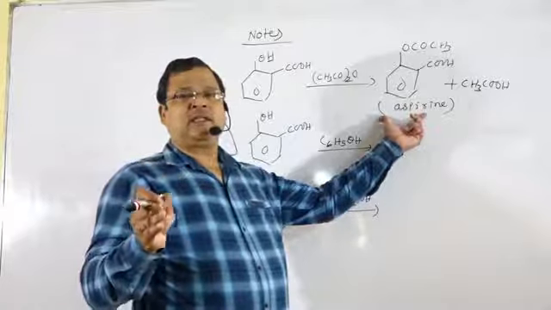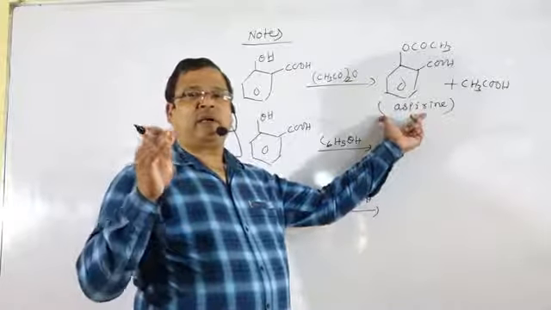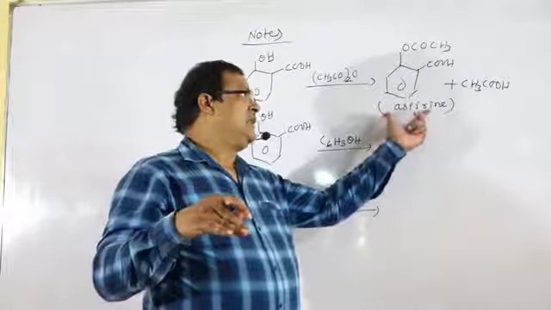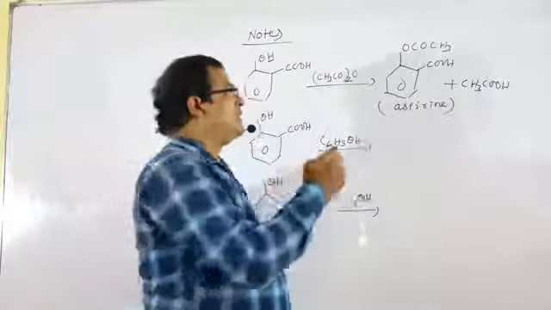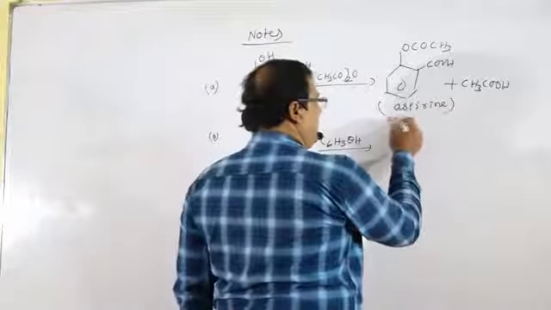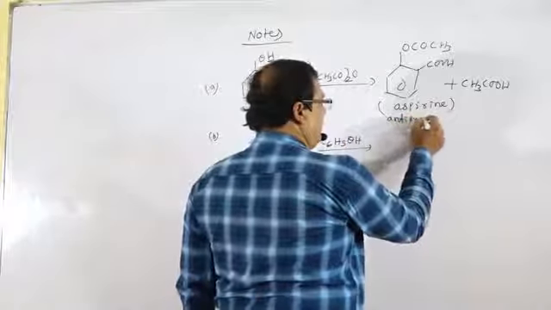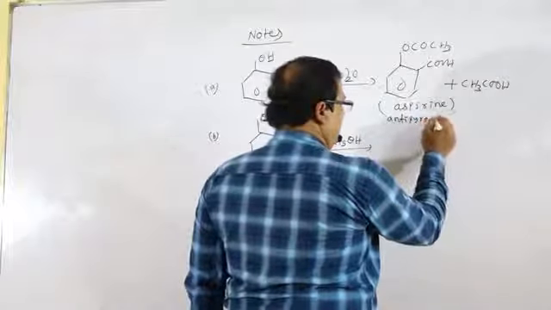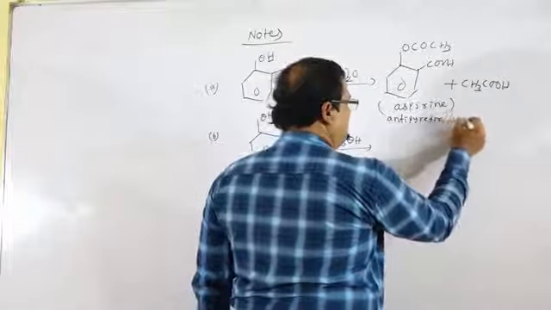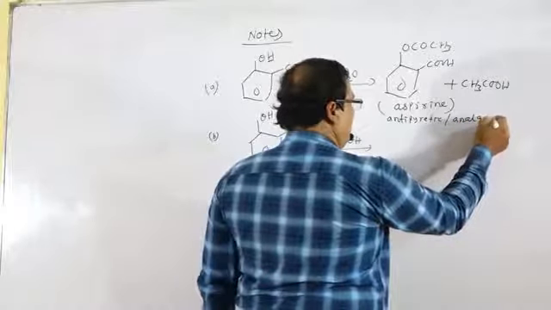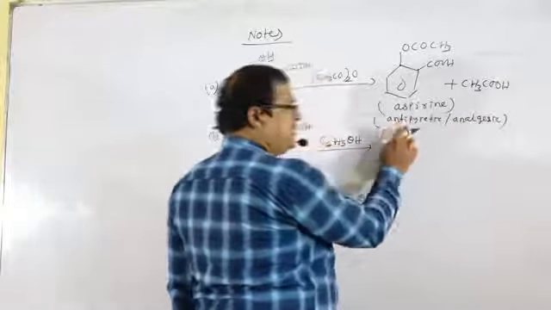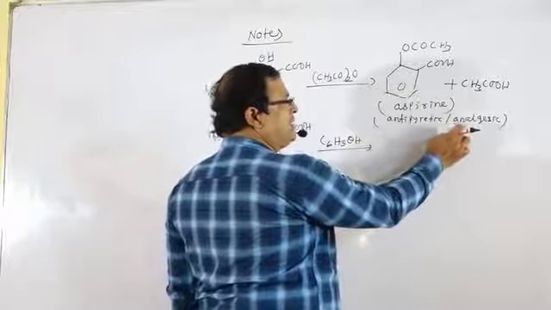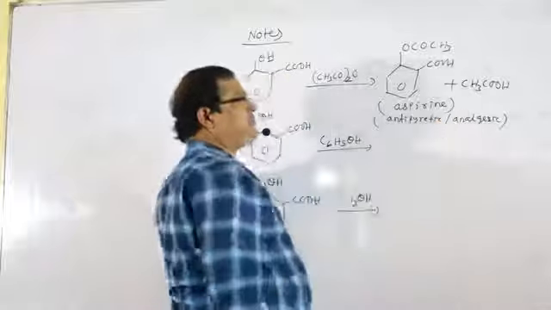Antipyretic means it has the ability to reduce body temperature from high fever to normal. Antipyretic means it brings down the body temperature from high fever, and analgesic means it reduces pain.